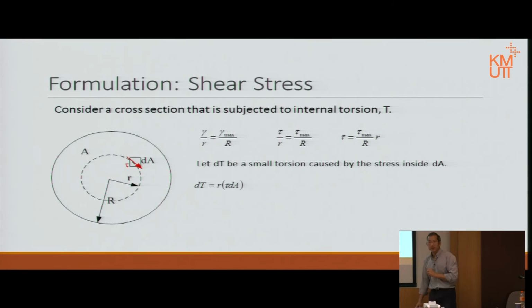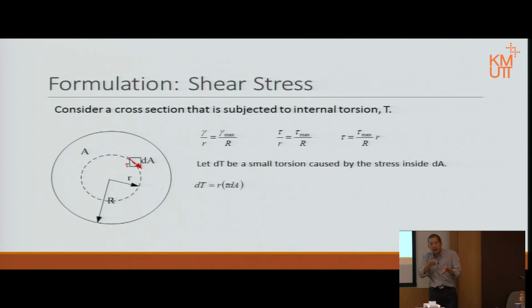Now, if we want to find the moment, torsion is a moment, right? Therefore, it must be times the arm. What arm? That arm must be at 90 degrees to the rotation center. This is the rotation center, because that tau is along the line of the circumference.